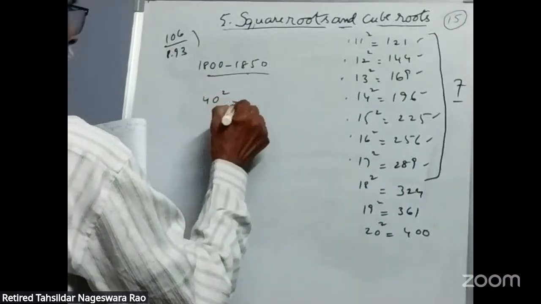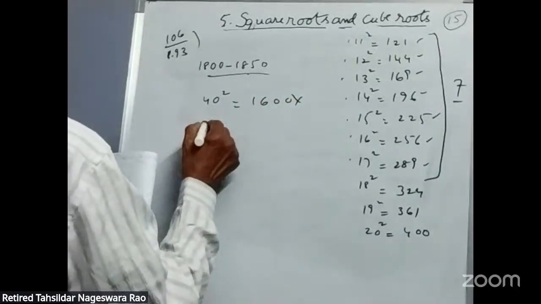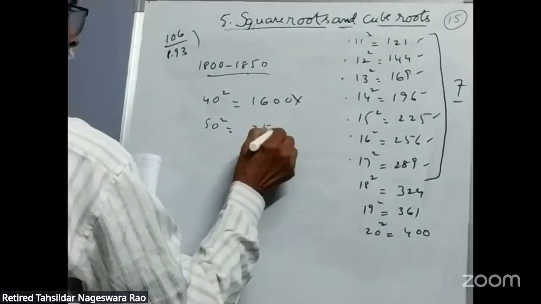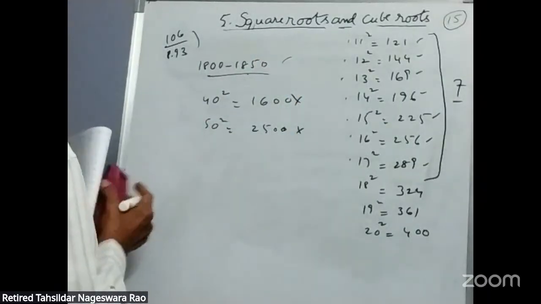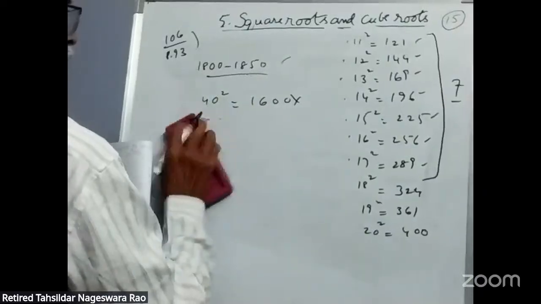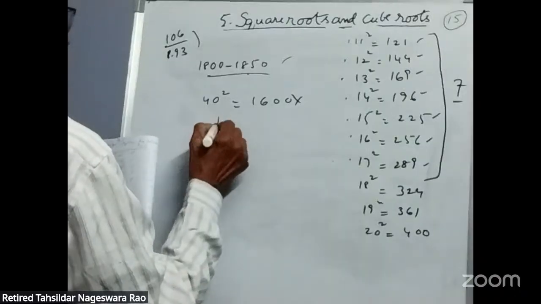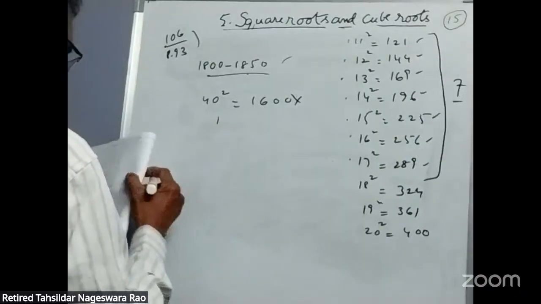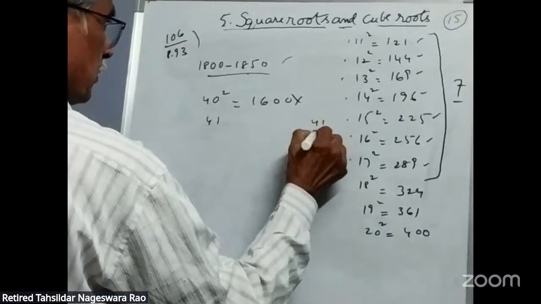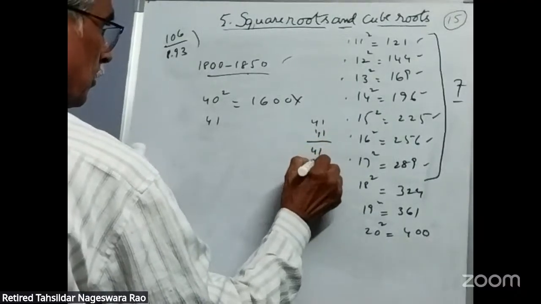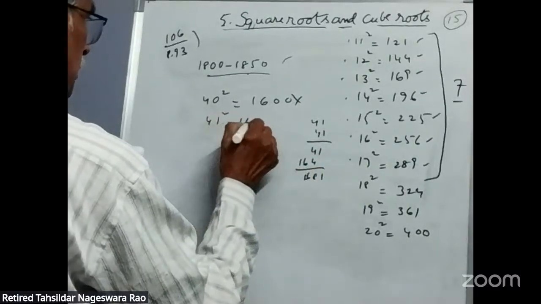40 square is 1600, no use. What about 50 square? 2500. We only have to work up to 1850, so no possibility. Next after 40: 41 square is 1681.